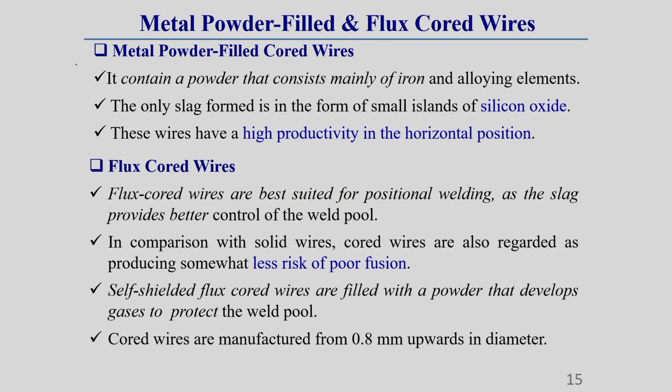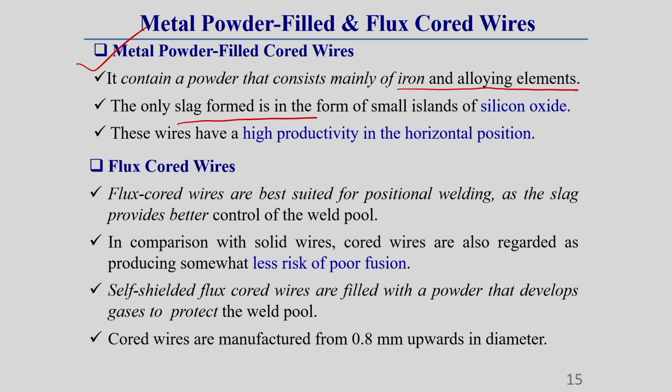So, the metal core type of wire generally contains a powder that contains mainly iron and alloying element. Inside the core, the powder which is used contains only iron and alloying element. Here only one slag element is used, which is silicon oxide.